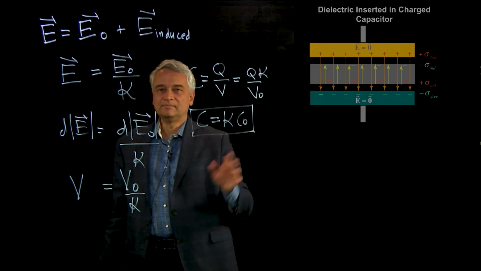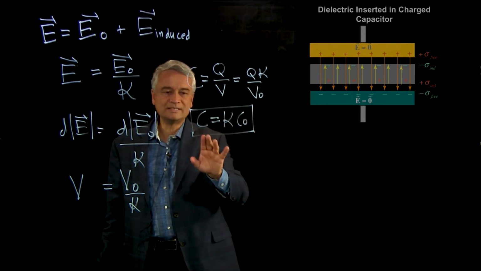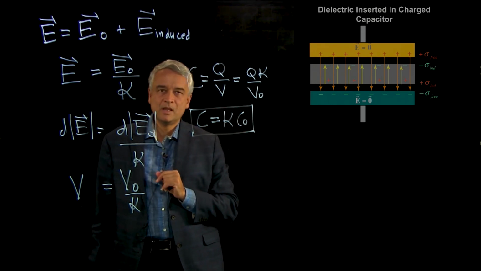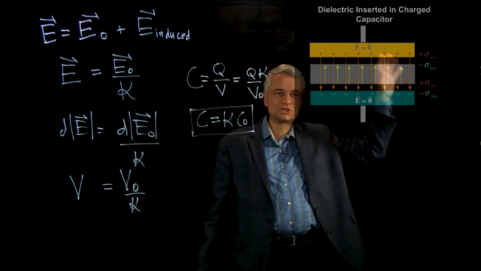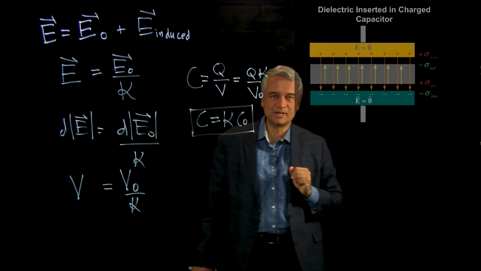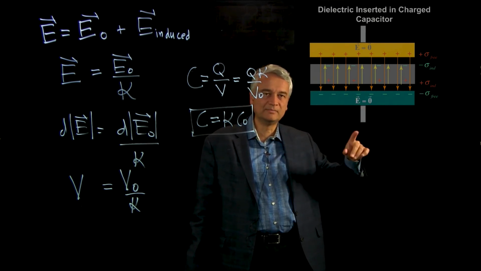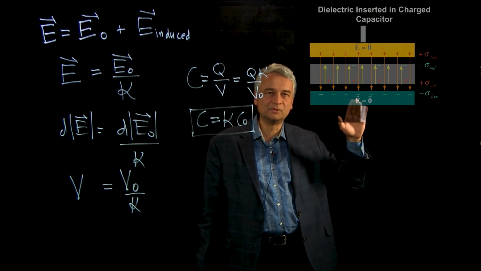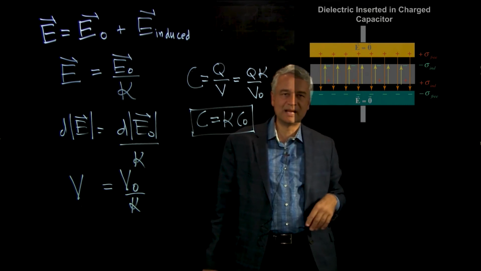The fifth way, maybe I shouldn't call it a separate way, the fifth way follows directly from what we've done. What does it mean that the capacity of a capacitor has gone up by kappa? Well, what that means is, suppose that instead of keeping the charge fixed, which is what we've been doing up to this point, suppose that I connect my capacitor to a battery, not shown in the diagram, and that battery is going to maintain a voltage V no matter what I do. It's going to keep a voltage V across this capacitor.